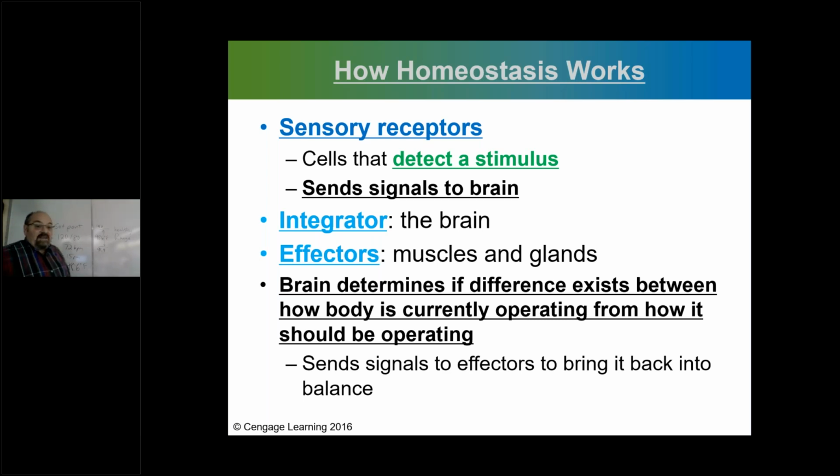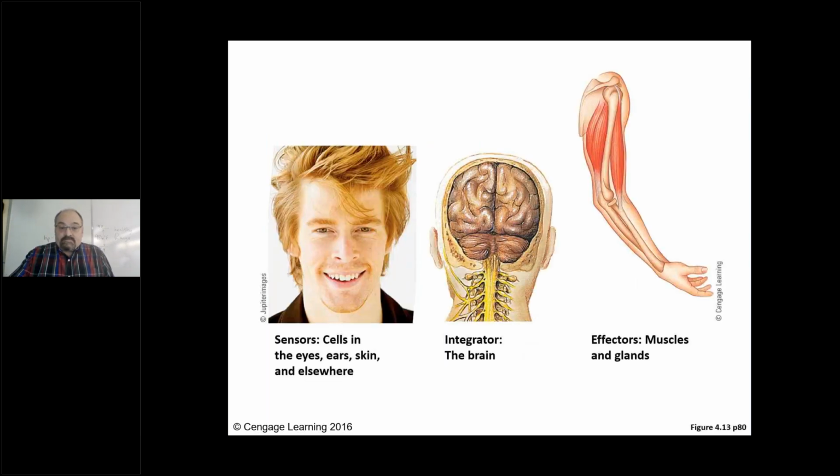So you'll see here on the slide, it says the brain determines if a difference exists between how the body is currently operating and how it should, and it'll adjust accordingly. So sensors in the cells in the eyes, ears, skin, everywhere throughout the body, there are these sensors, right?